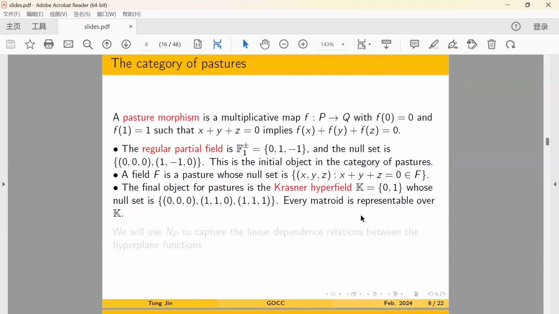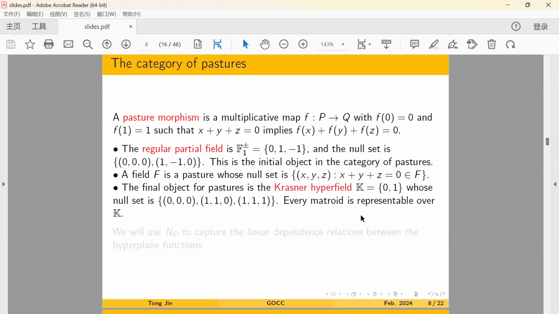The first one is 0, 0, 0, and second one is 1, -1, 0. But you can do the S3 action on it, so it also has 1, 0, -1, etc. So it is the initial object in the category of pastures. So this is our first example.